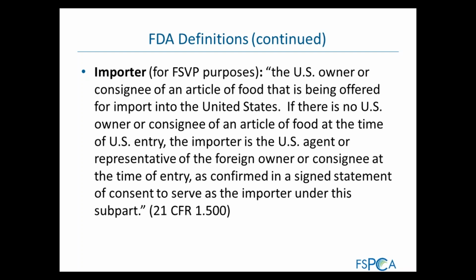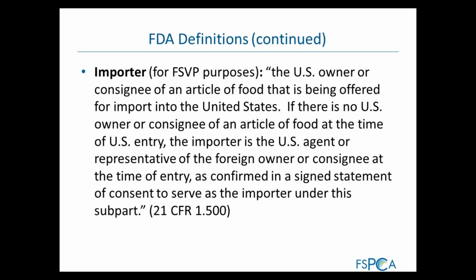So if a broker is arranging for product to cross from Canada to the US, and they are the importer of record potentially, their identifier would be on that Customs and Border Protection system record.